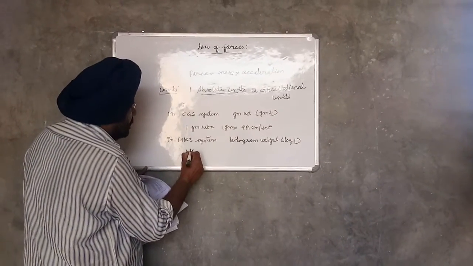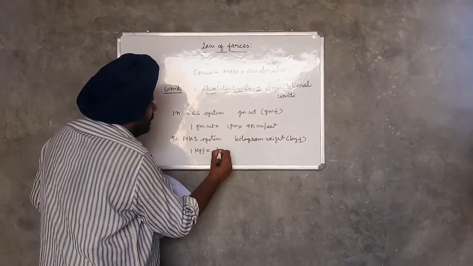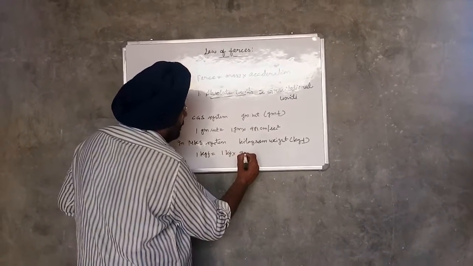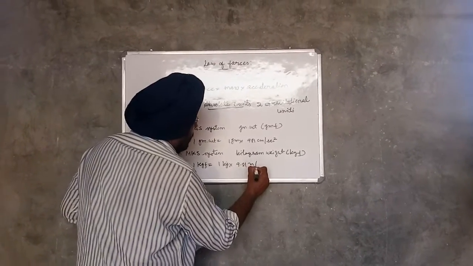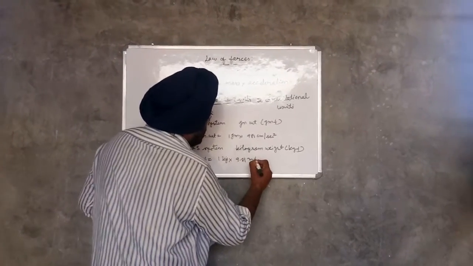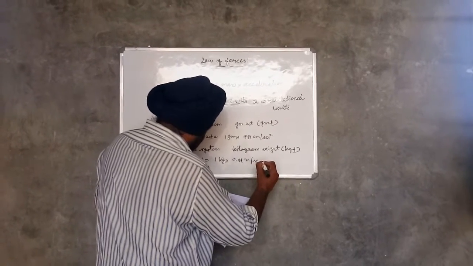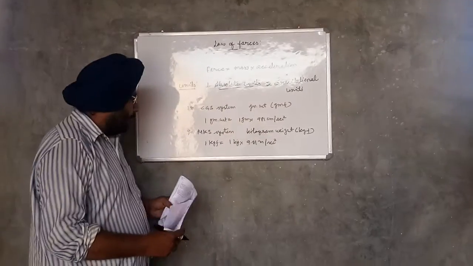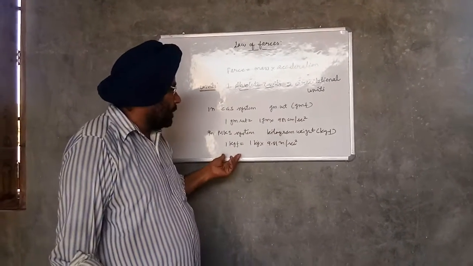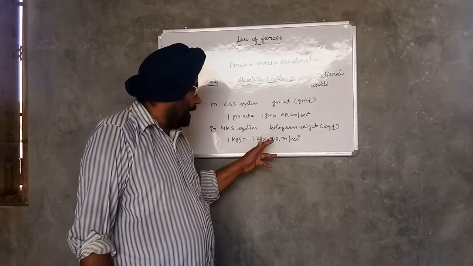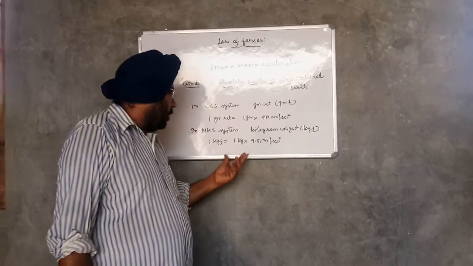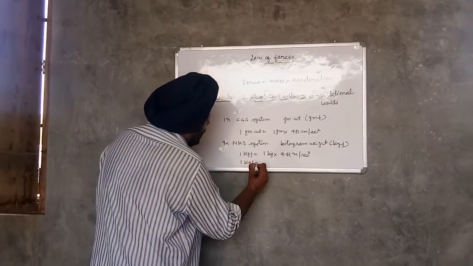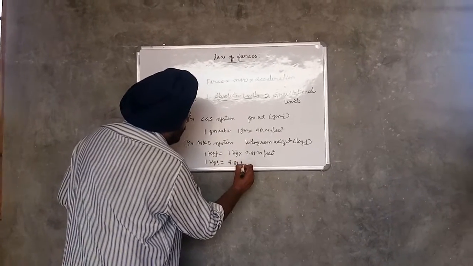So 1 kilogram force is equal to 1 kilogram into 9.81 meter per square second. So 1 kilogram force is that much force which produces an acceleration of 9.81 meter per square second in a body of mass 1 kilogram. And 1 kilogram force is 9.81 Newton.